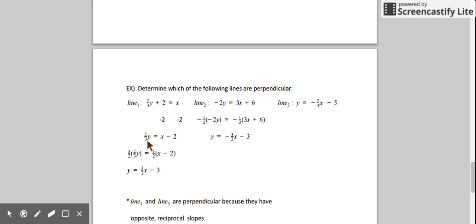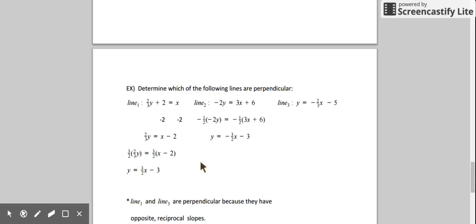That leaves 2/3 y on the left, and now we have x minus 2 on the right. To get y by itself, multiply by the reciprocal of 2/3, so multiply everything by 3/2. 3/2 times x is 3/2 x. 3/2 times -2, that's 3 times -2, which is -6, divided by 2, which is -3.